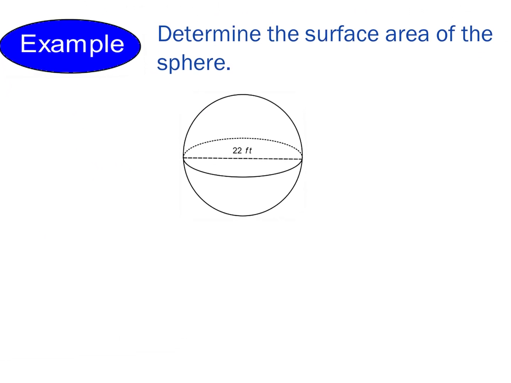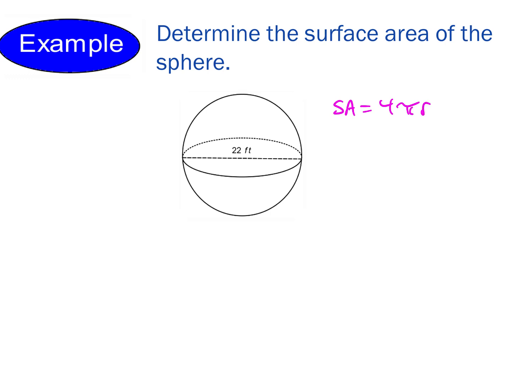So, determine the surface area of the sphere. So, formula is SA is 4 pi r squared. So that's 4 pi.